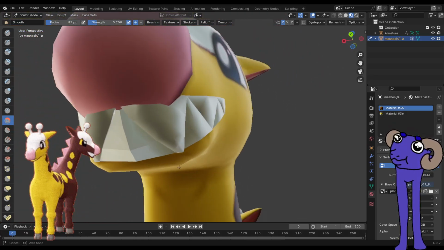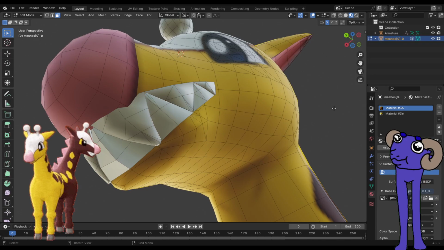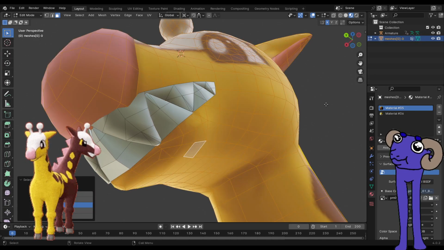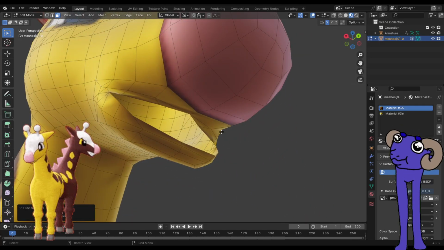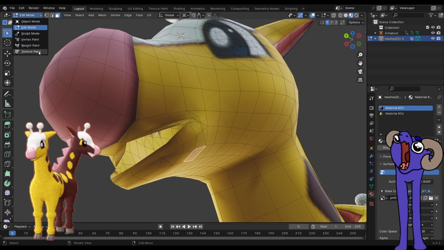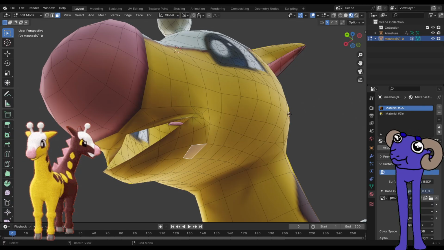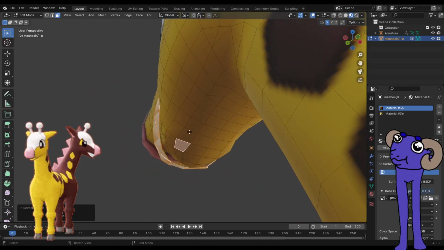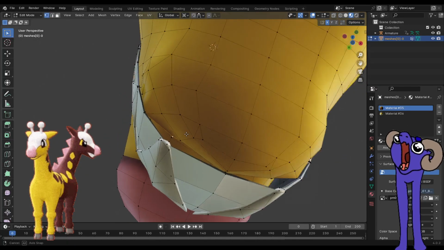Yeah. I still want to do something about this because it's still a little bit dodgy. I don't know, something about it just doesn't look quite right.